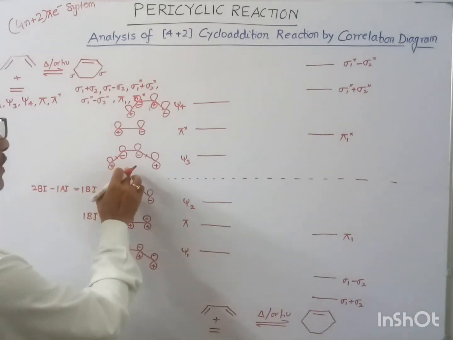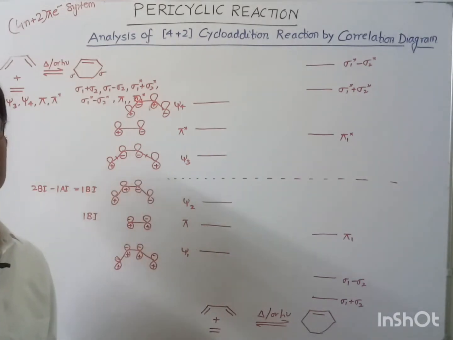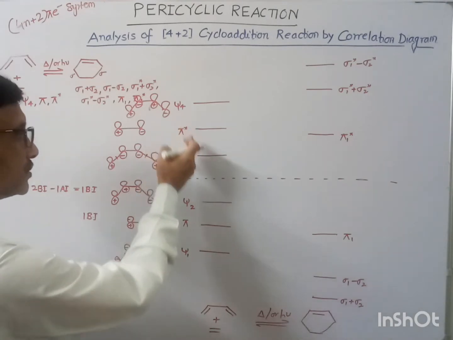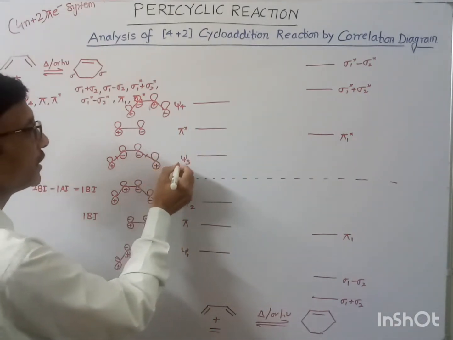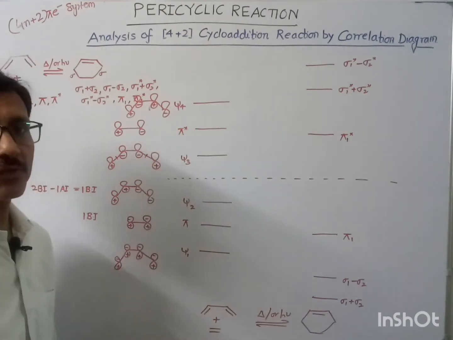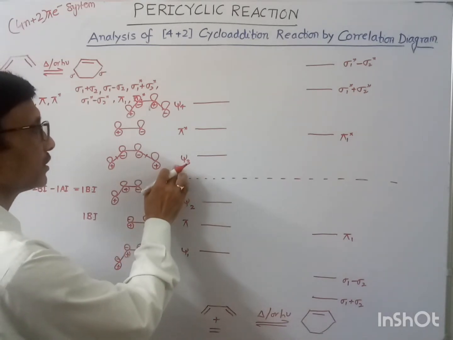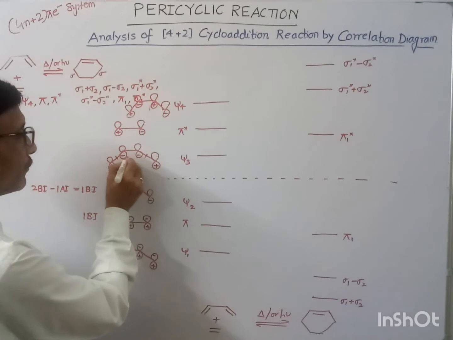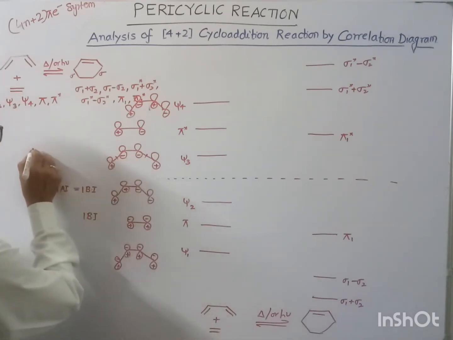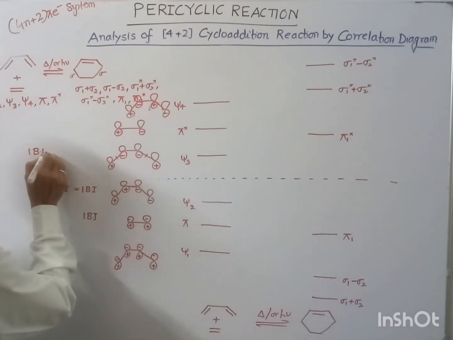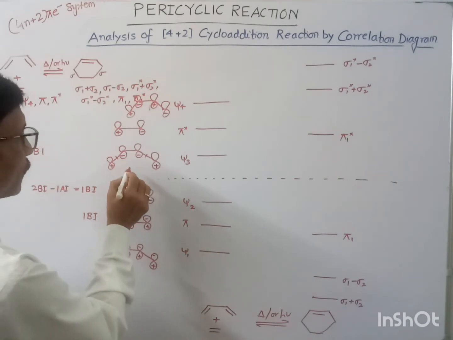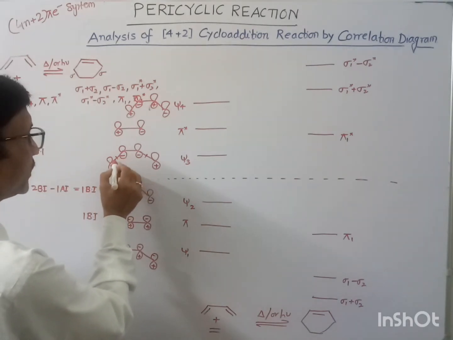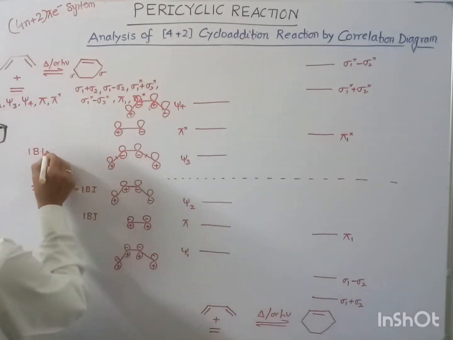In the same way, with the help of bonding and anti-bonding interactions, we may decide the energy levels of these molecular orbitals. Now if you see this psi 3 and pi star, if you want to compare them, then the total number of bonding interactions is one, whereas the total number of anti-bonding interactions is two.